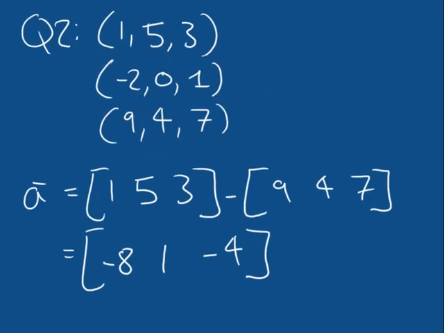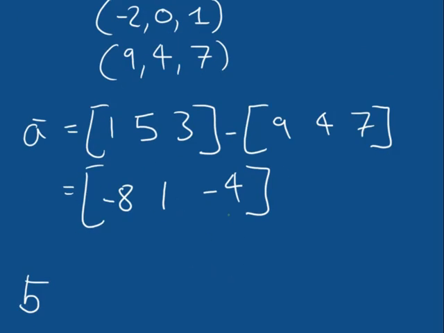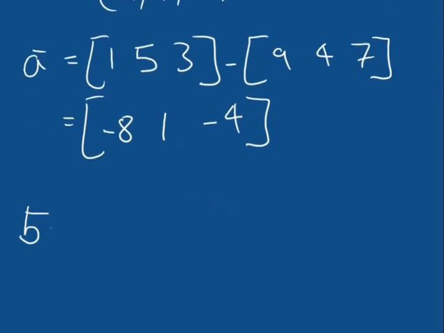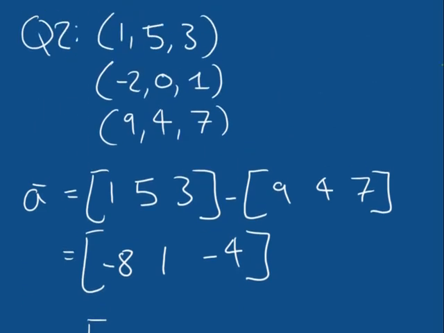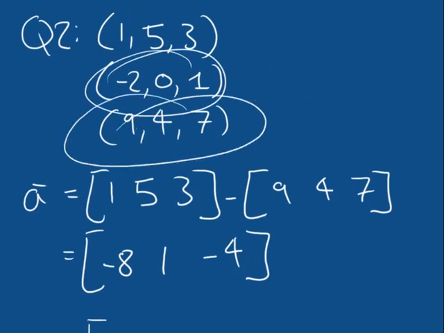Fantastic. Now vector B is going from our third point to our second point. That probably would have been better had I written these as column vectors, so let's do that for B. It might be just a little easier to see what's going on. So B is going from our third point to our second point, which means we are taking our second point and subtracting our third point from it.